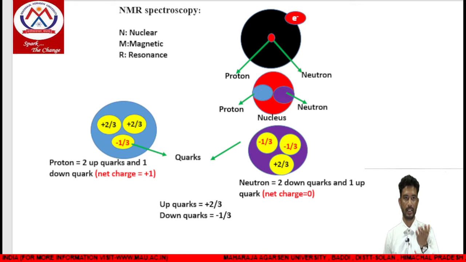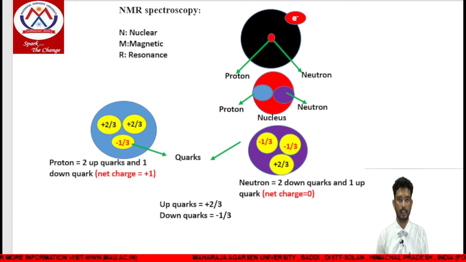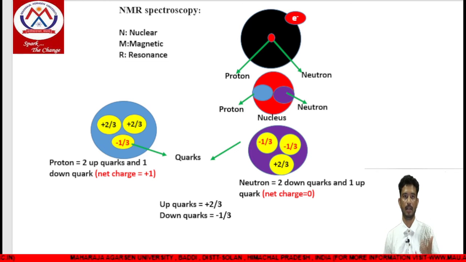So if we calculate the charge on protons and neutrons, these protons and neutrons consist of subparticles, and those subparticles are quarks, and on each quark there is a charge. We have two types of quarks in our protons as well as in our neutrons.